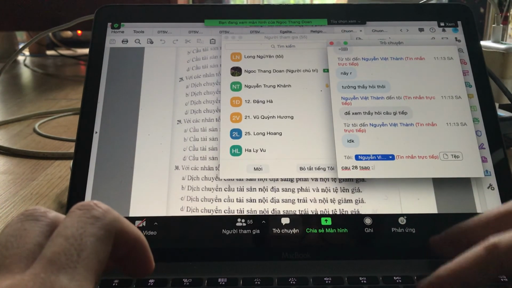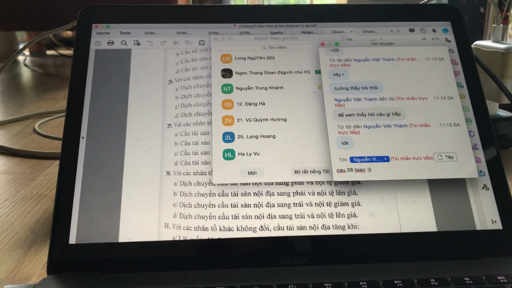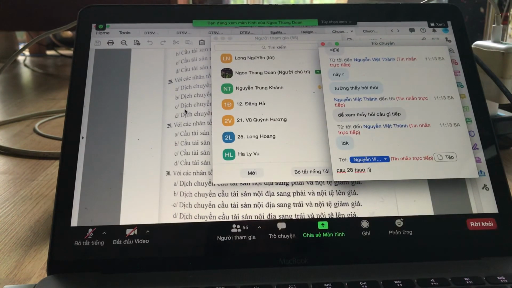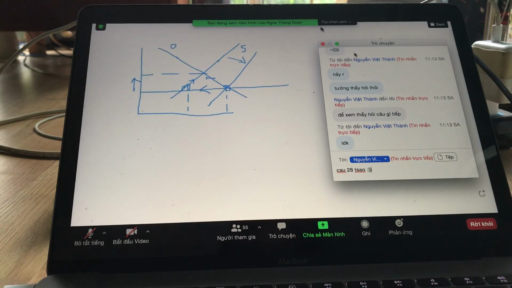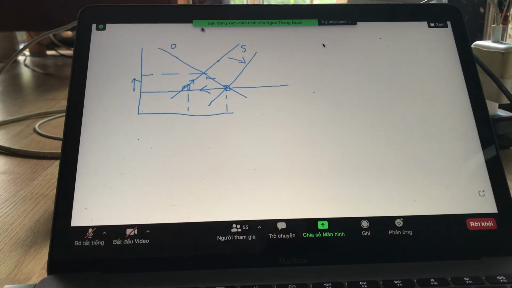The long-term determinants, we classify into two groups: short-term and long-term. So what are the determinants in the long term or in the long run?